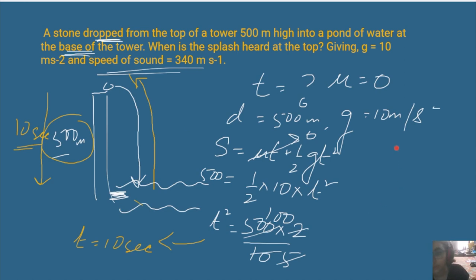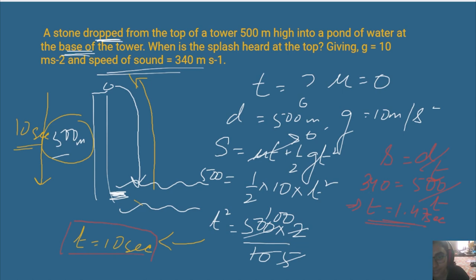We'll again use the equation from the last sum, which is S equals D by T. Here we are just calculating sound and not echo, so we just do 500 divided by T, and the speed given is 340, so T comes to around 1.47 seconds. So we have found two times.